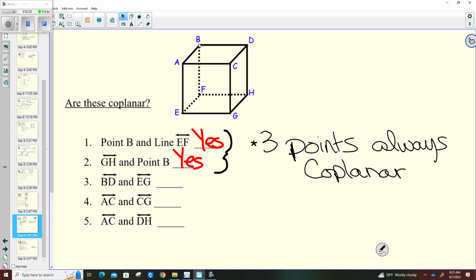You're finding those lines and asking yourself, could I make a plane that connects those two?